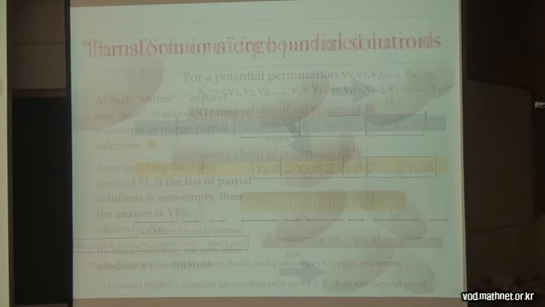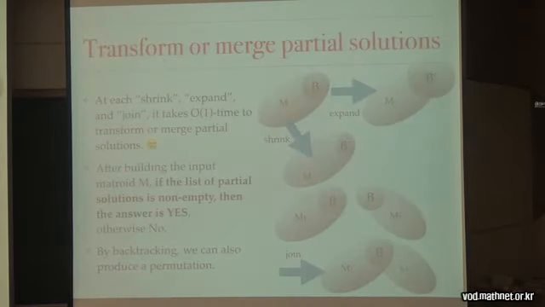Now, the remaining part, I'm going to be very brief. We will do one of three operations: either expanding a boundary, or shrinking a boundary, or joining two boundaries of the matroid. For each of these operations, I have a way to update the partial solutions. So for instance, imagine that you shrink the subspace B to a subspace B prime.